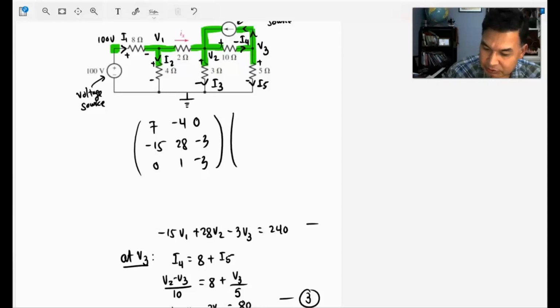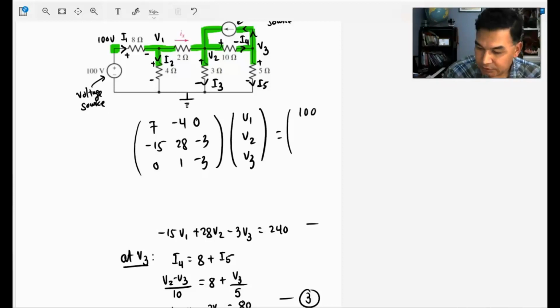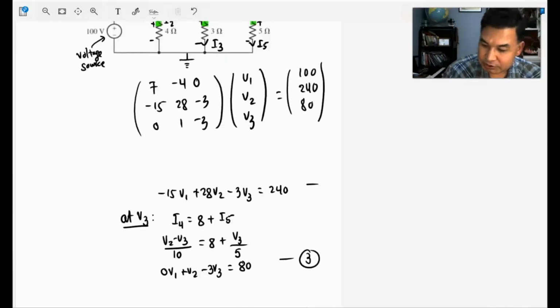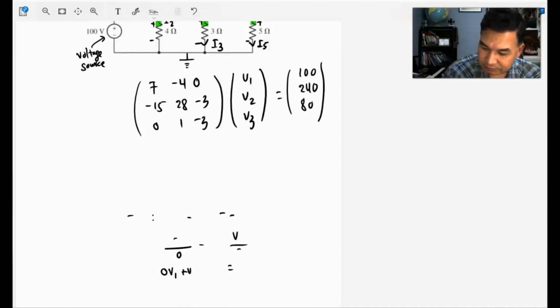And here go the unknown variables, and on the right hand side you have 100. This is from equations number 1, 2, and 3. So those three linear equations that we just solved can be written in this matrix form.